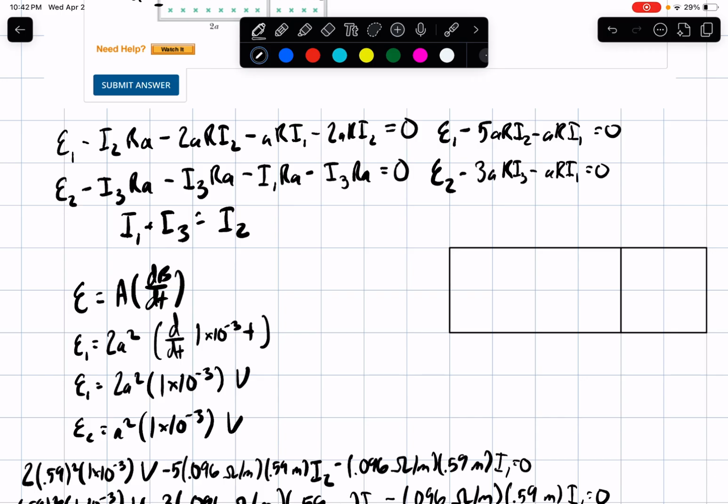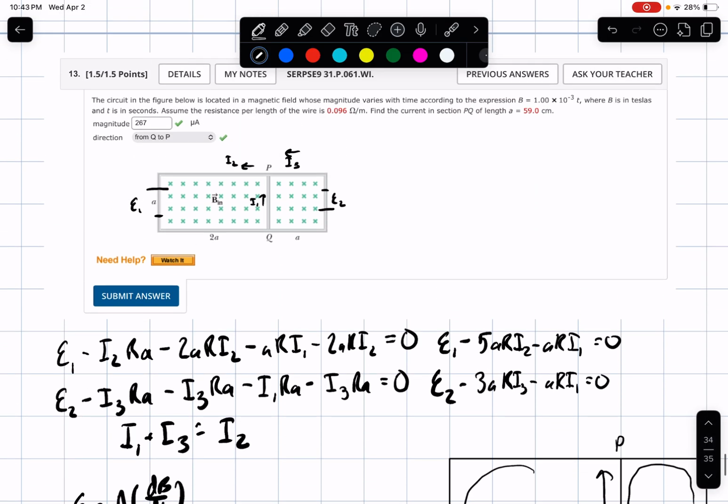If it's going like this, and it's going like this, the one going from Q to P is going to be greater than the P to Q one. Therefore, the overall direction is going to be from Q to P. And as you can see up here, it is from Q to P.